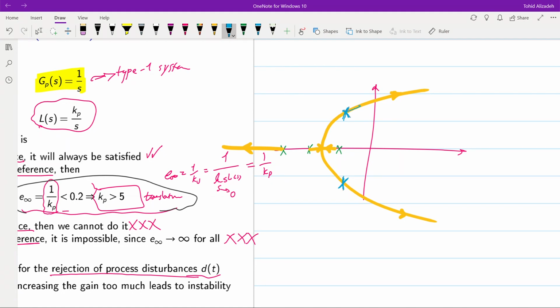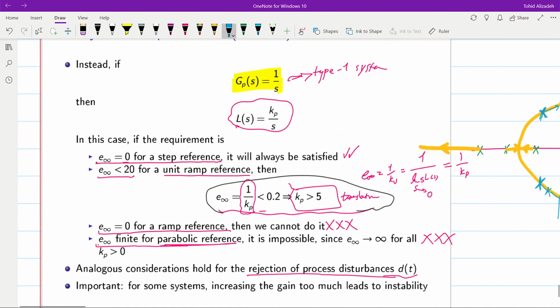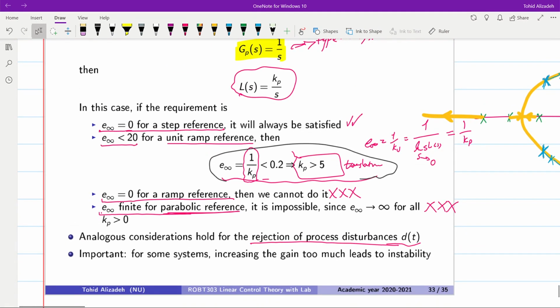If we do that, the poles will move in this way. And if we do it too much, then the poles will end up in the right half plane and the system will become unstable. So that's something that you should keep in mind and you should avoid all the time. One of the main requirements that might not even be stated is that the closed loop system should be stable. So we shouldn't make the closed loop system unstable.